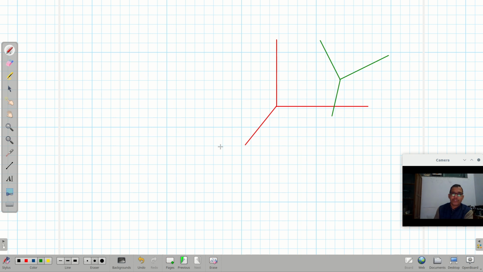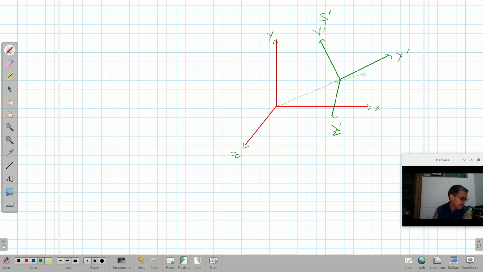Suppose this is the x-axis, this is the y-axis, and this is the z-axis, and this is the z prime axis, x prime axis, and y prime axis. So it is a moving frame, and let us call it the S prime frame, and it is moving with some acceleration in this direction.